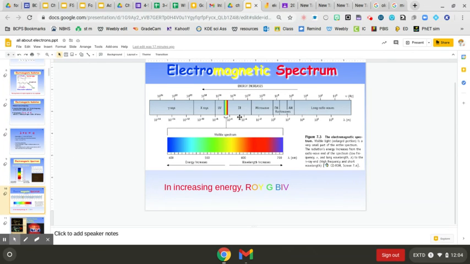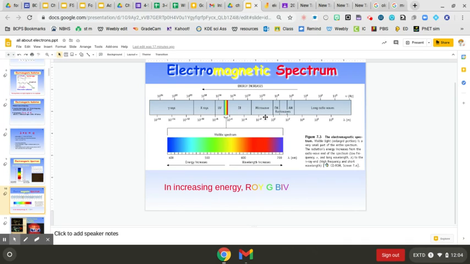So if I asked you a question like, what has a shorter wavelength, red or blue, you should be able to say, okay, blue is on the shorter wavelength, higher frequency, higher energy end compared to red.